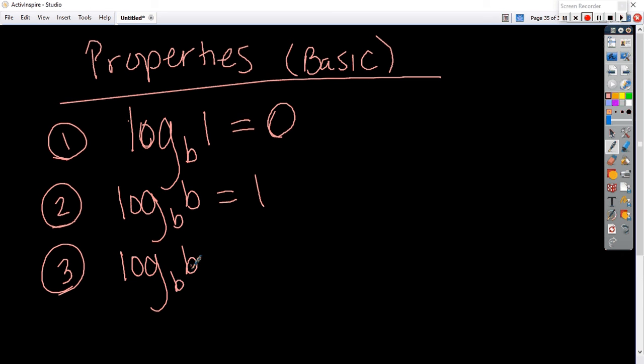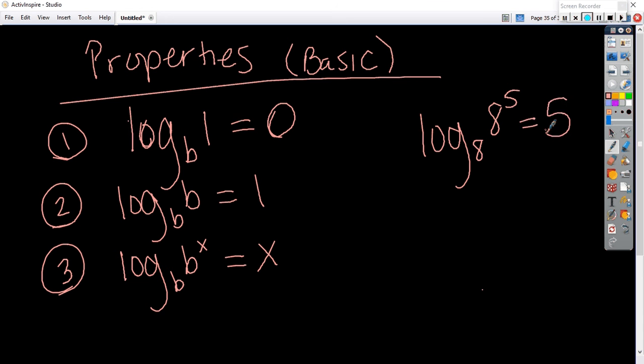If the bases are the same, and this B has an exponent on it, let's say an exponent of X, this simplifies down. Instead of 1, it's just X. So if I asked you, what is the log base 8 of 8 to the 5th? It would just be 5.